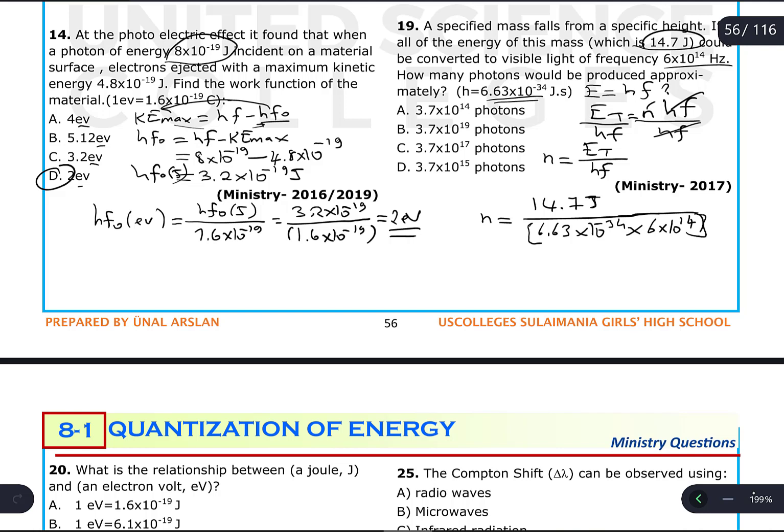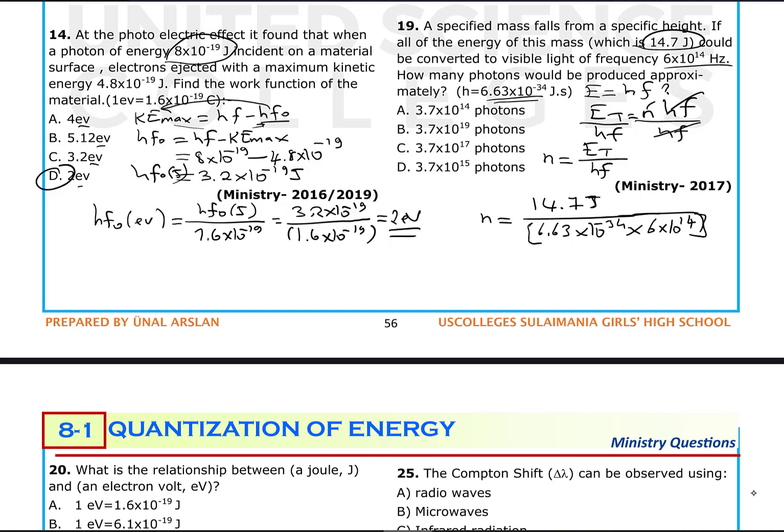So the denominator is joule, the numerator is joule, so we can divide. 14.7 divided by, in bracket, 6.63 times 10 to the power of negative 34 times 6 times 10 to the power of 14, close the bracket.